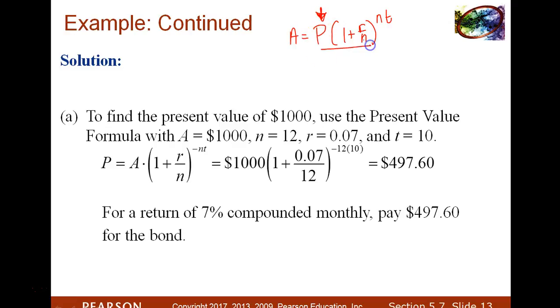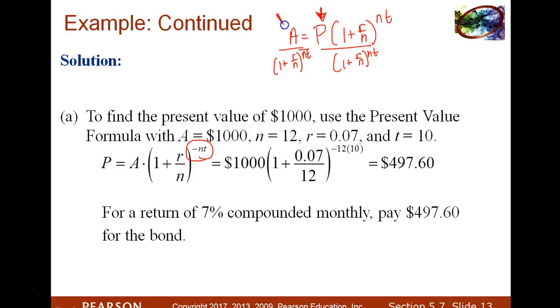I'm just going to divide this off on both sides, which leaves me with that 1 plus r over n to the nt in my denominator. And the way that you can bring a denominator up so that you don't have to have it underneath is to raise it to the negative exponent. And so it's the same exact formula, you're just looking for a different part of it.